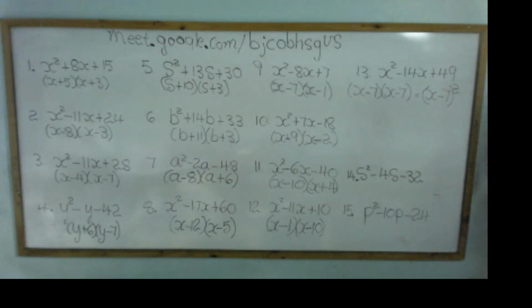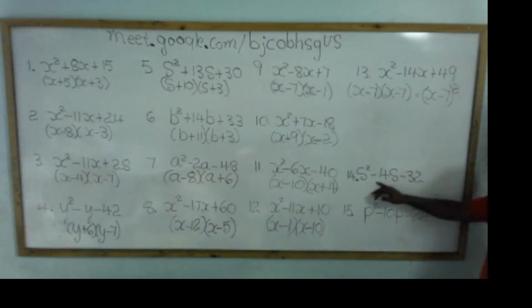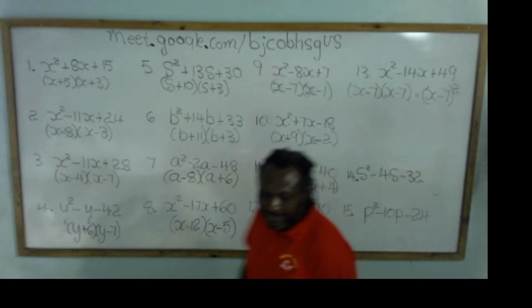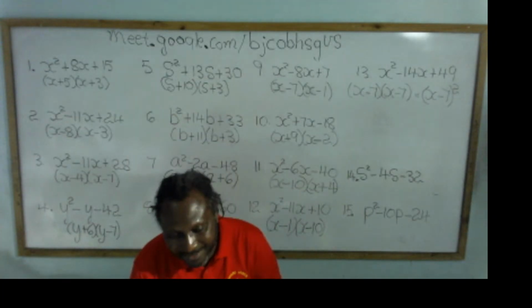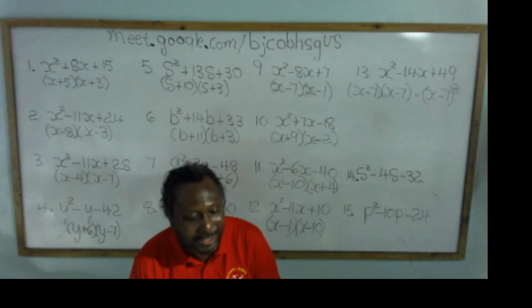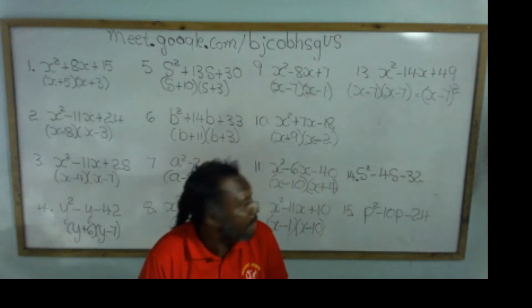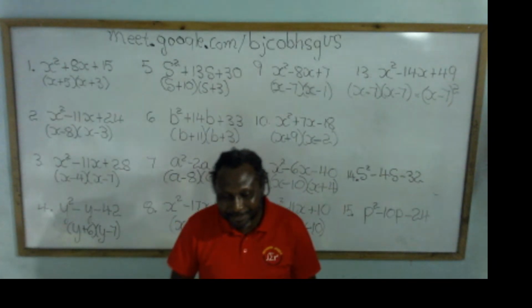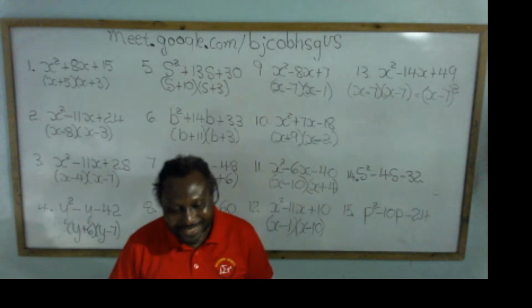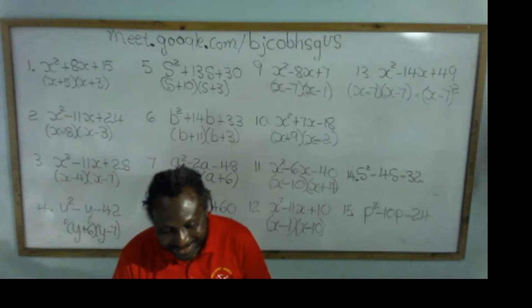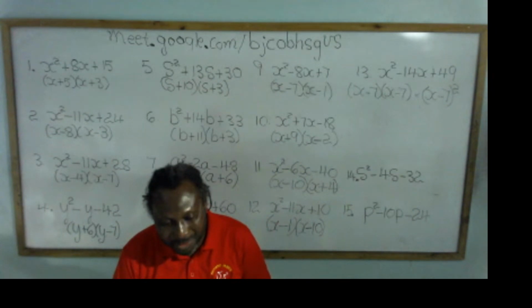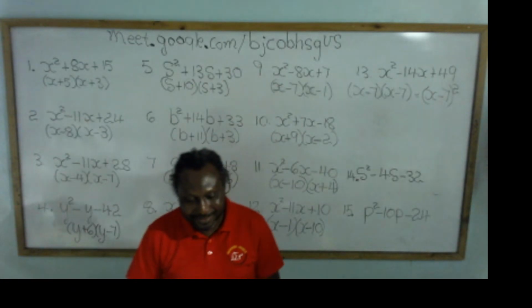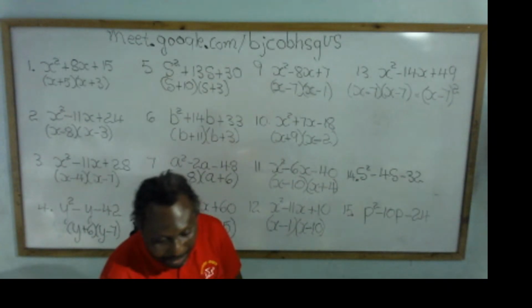Your favorite: they multiply to give a negative 32, and when you add them, the result is negative 4. They have a product of negative 32 and a sum of negative 4. Lovely.